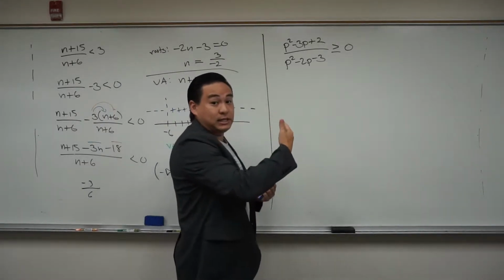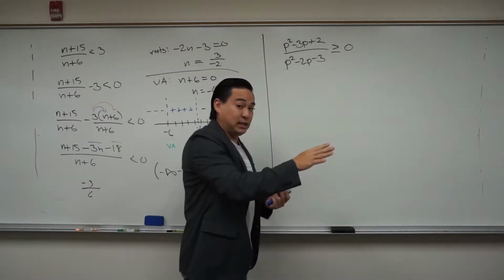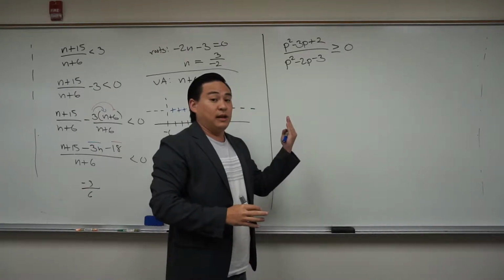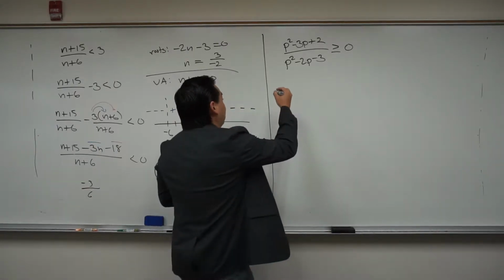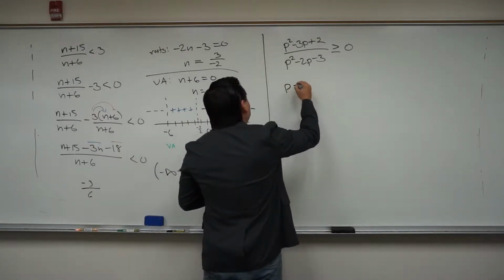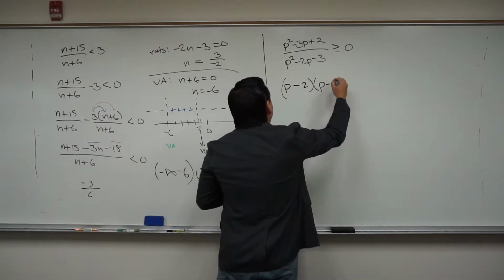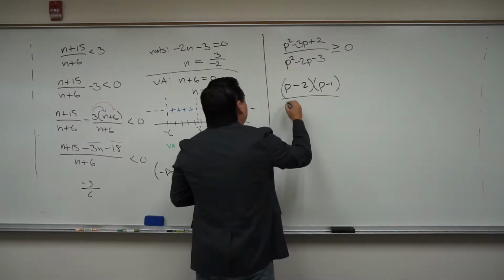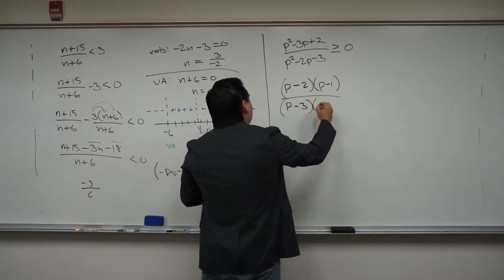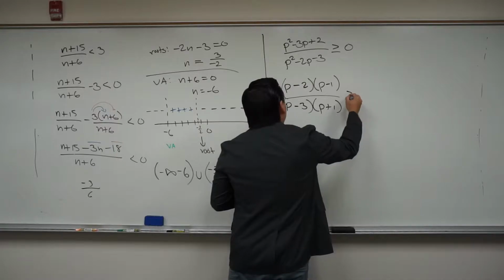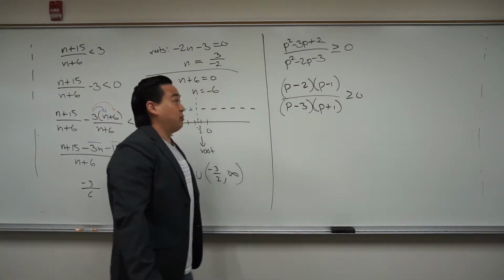So it's already set to equal, or set one side equal to 0. So let's go ahead on the left-hand side and factor it. So the top is p minus 2 times p minus 1, and the bottom is p minus 3 times p plus 1 is greater than or equal to 0.